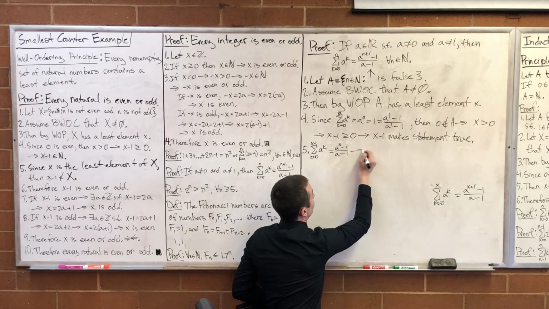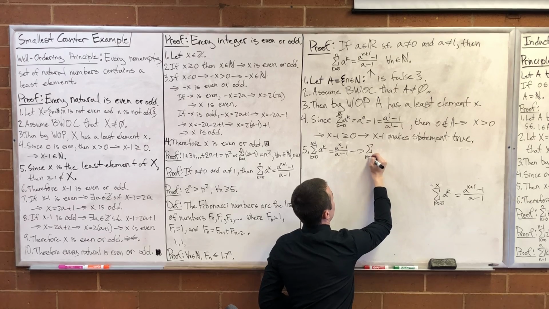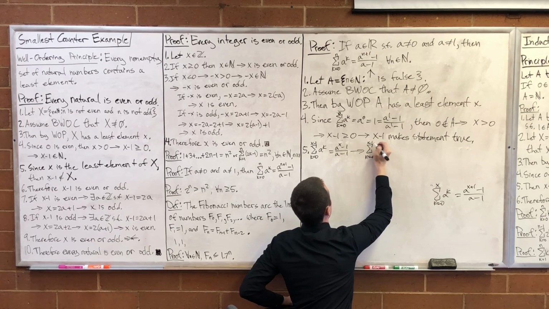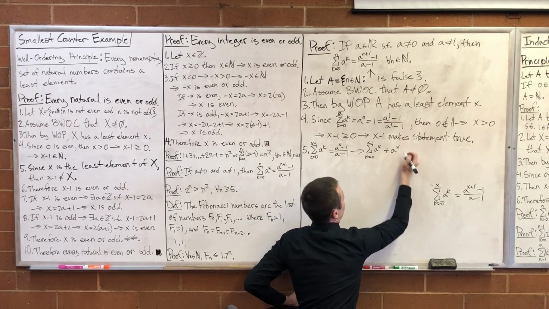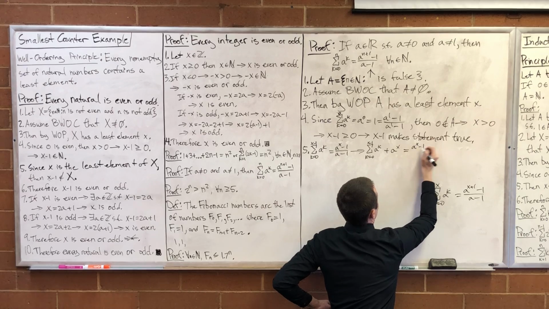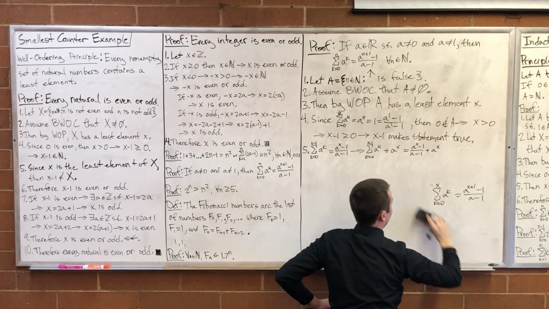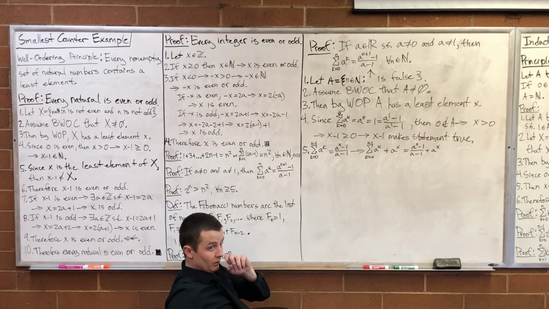So, with this, I can write the sum, maybe we'll be real explicit, from k equals 0 to x minus 1 of a to the k plus a to the x is equal to a to the x minus 1 over a minus 1 plus a to the x. You good with that? Just add a to the x to both sides. Why are you doing that?